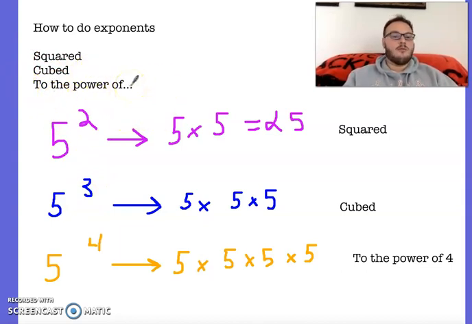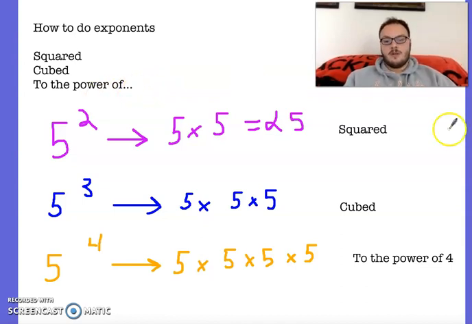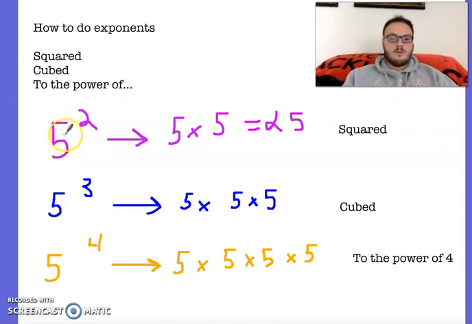It can be the power of 100, the power of 4 like we're about to do. It's how many times I should see that number. So if it's squared, you're just multiplying that number twice. I like to think of it as the exponent is how many times I should see that number.